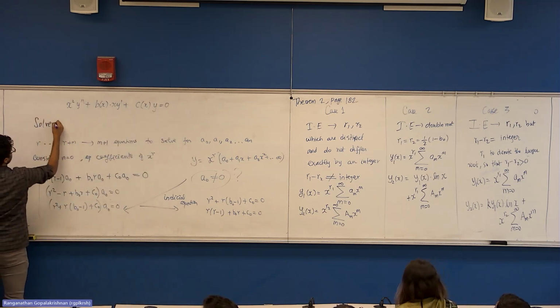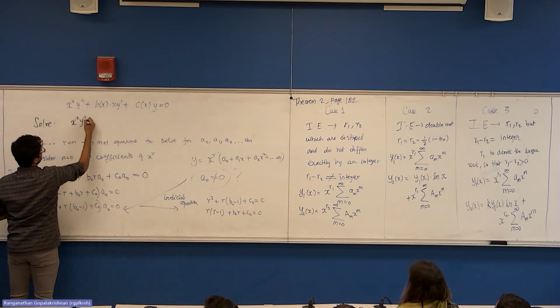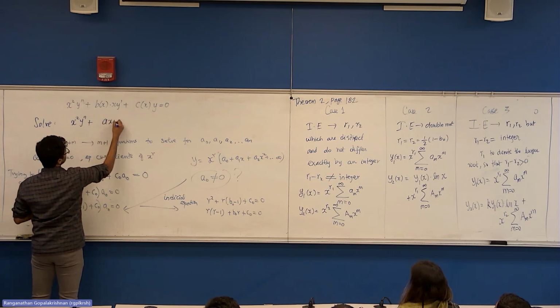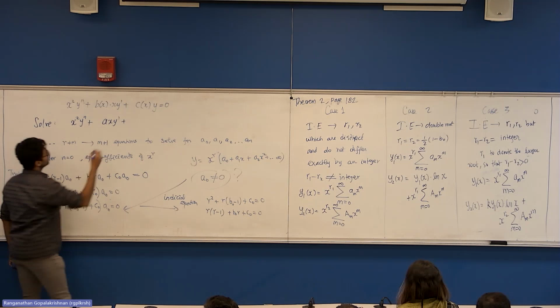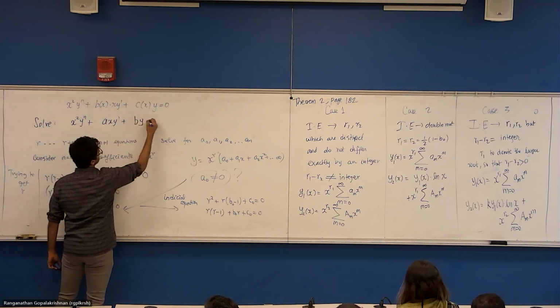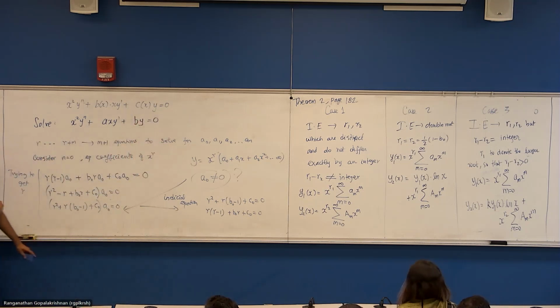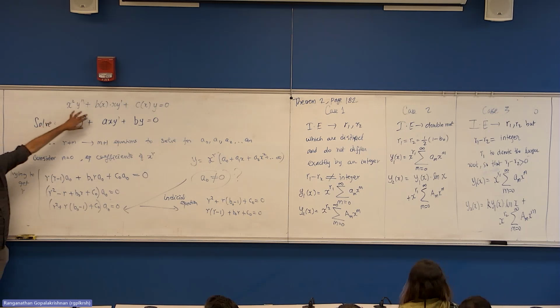Solve for x squared y double prime plus a times x y prime plus b y equal to 0, where we reduce them to simple constants instead of any functions of x.